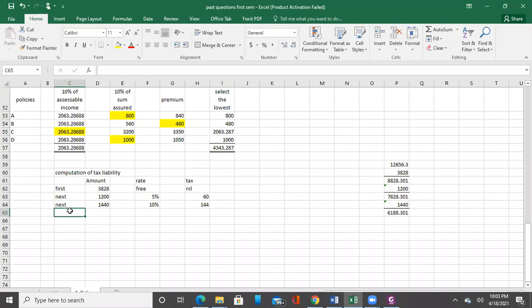But the money left is 6,000, it will not reach anywhere. So you just write here rest. The rest is equal to 6188.301. And tax that one at 17.5%. What it means is that this multiplied by this, I should get that.